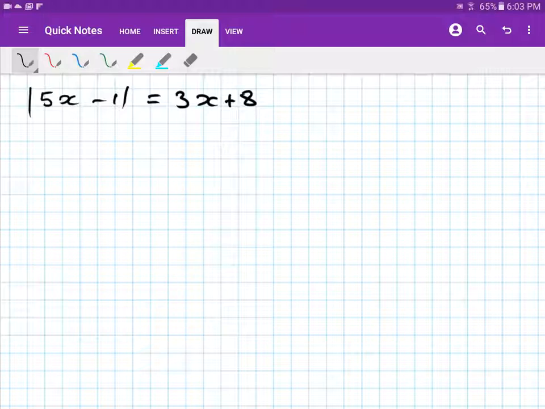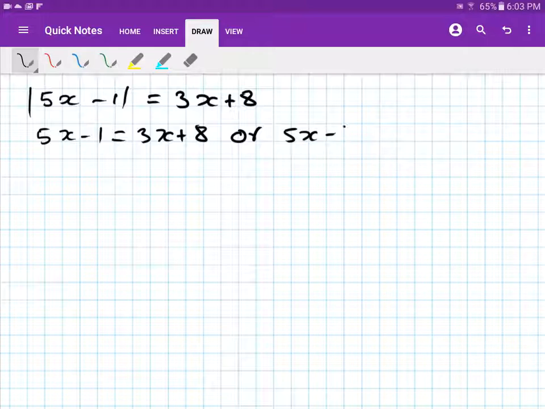Now this one is exactly the same: 5x minus 1 is equal to 3x plus 8, or 5x minus 1 is equal to minus 3x plus 8. To solve this, I just move x to one side and the number to the other side.